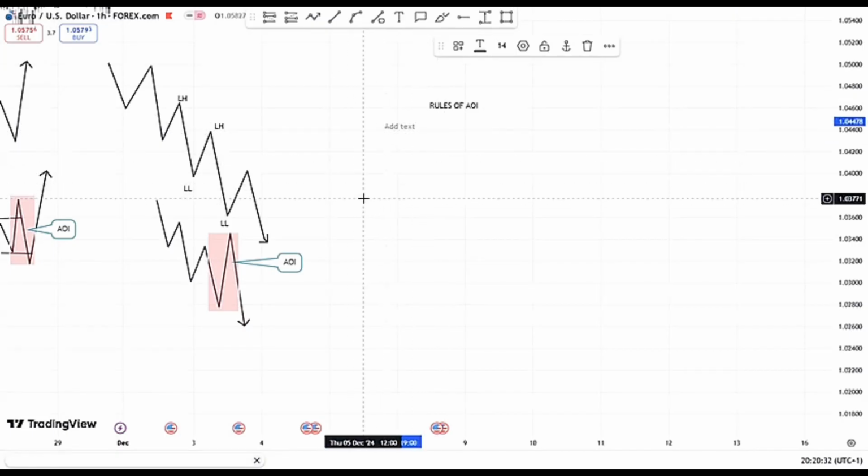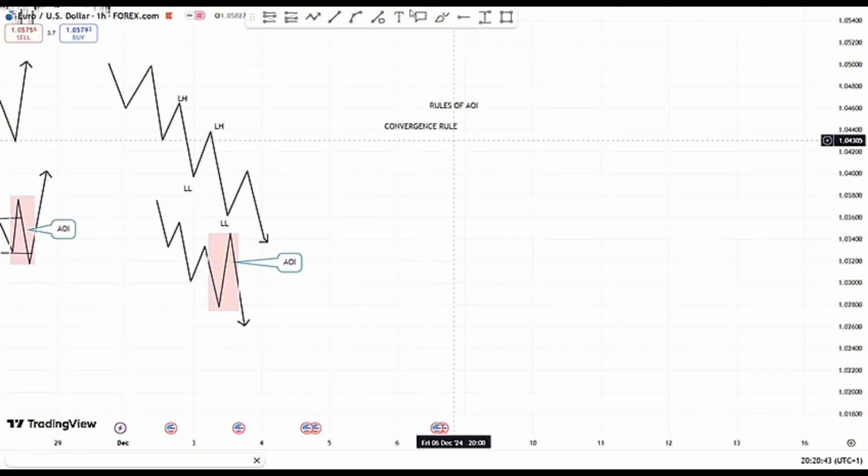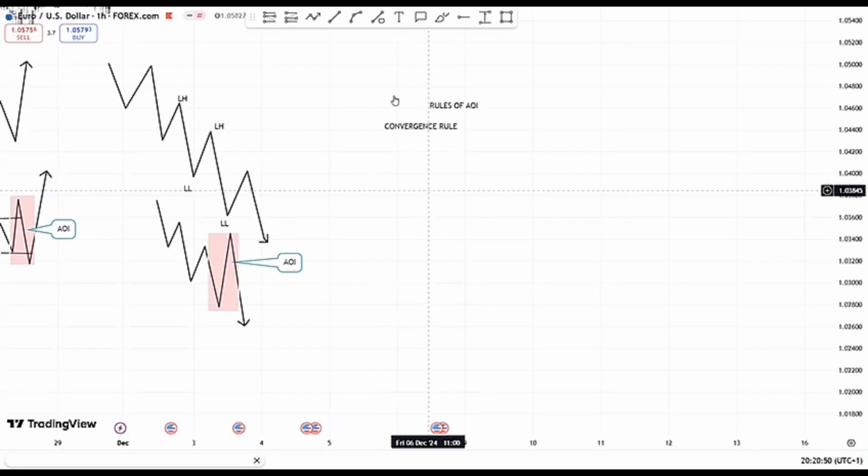All right. So the first rule I'm going to discuss now is what I call the convergence rule. Under this convergence rule, it can be broken down into 3 categories.